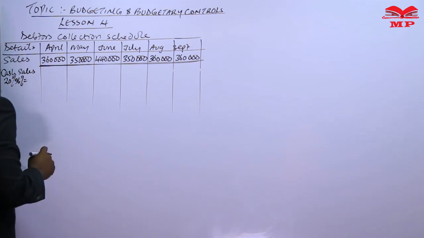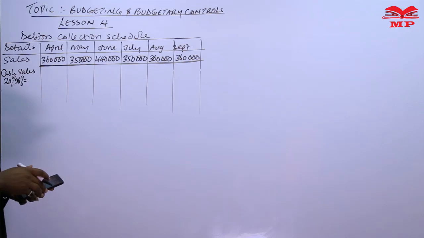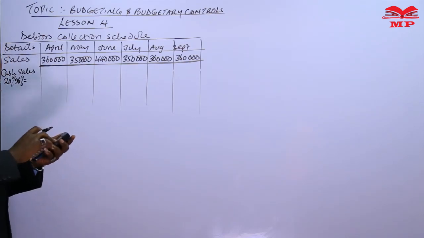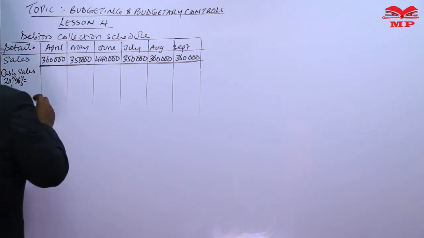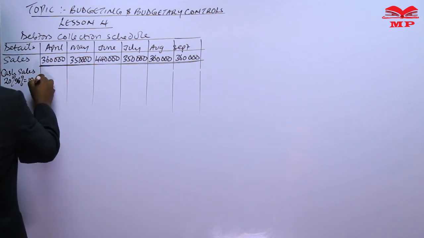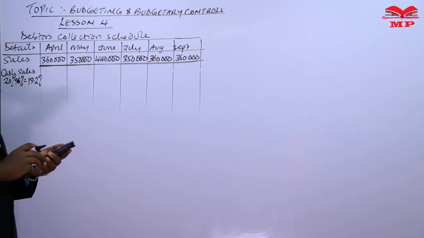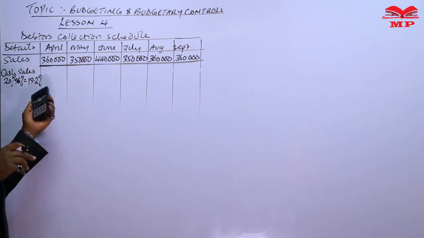So therefore, the collection of total sales will actually be 20% of 96. This will be 0.2 times 96, which is 19.2%.